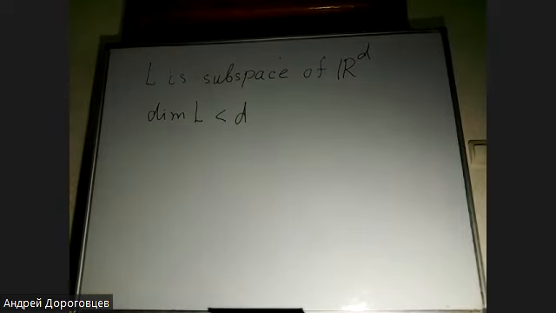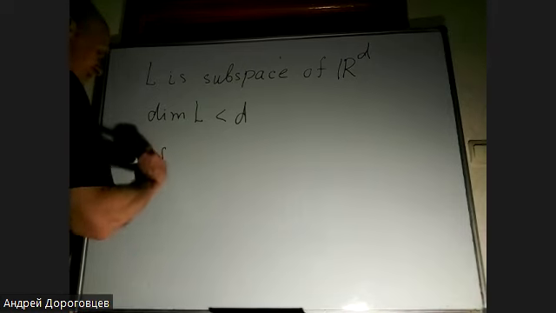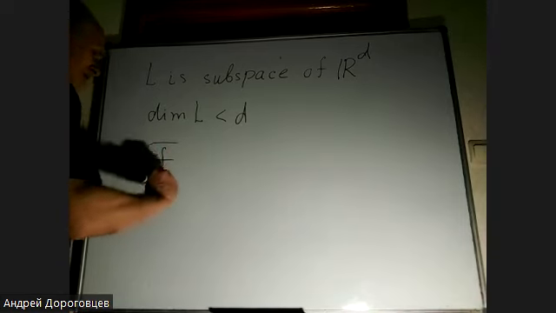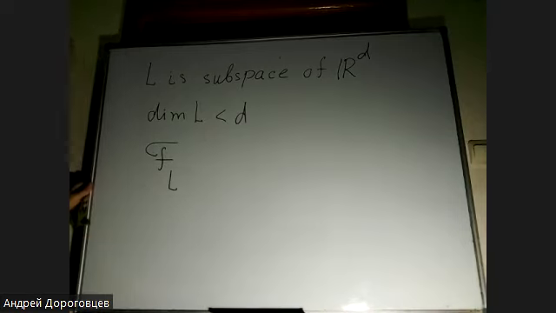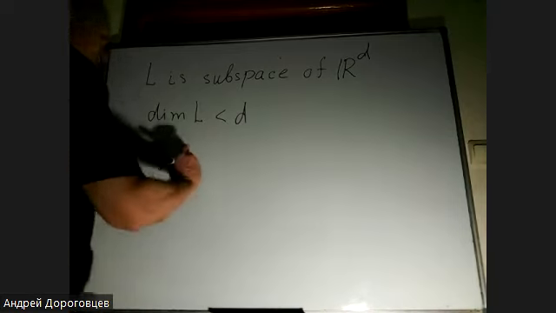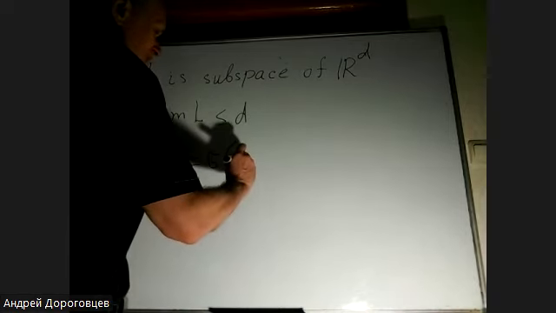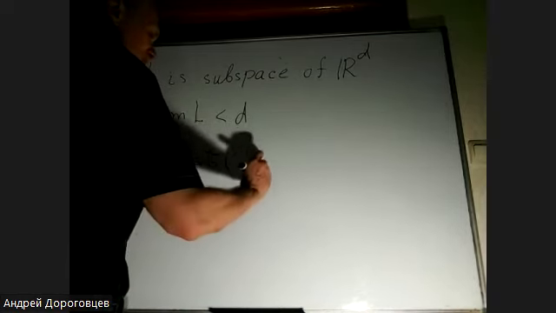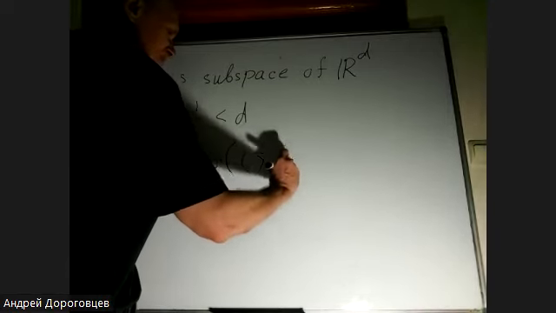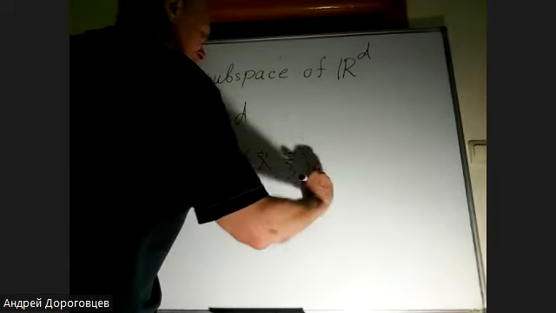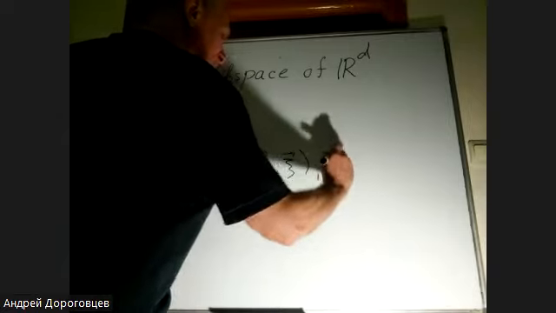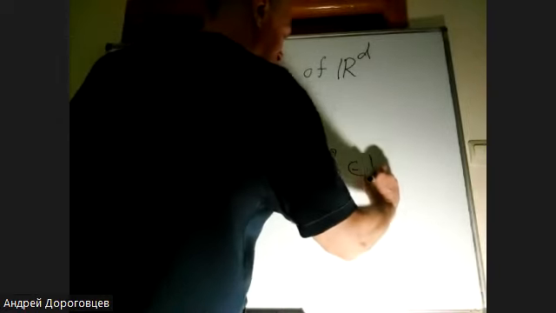This is a proper subspace. I will define the sigma field F_L as the sigma field generated by the random variables of the type (λ, ξ), where λ belongs to L.